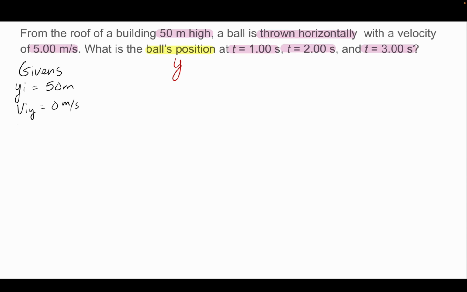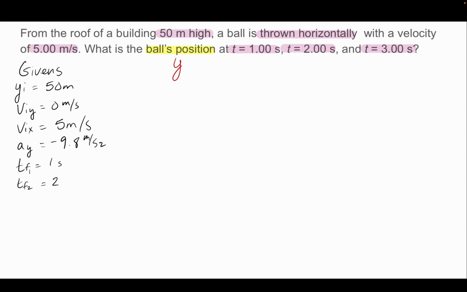I know that my VX is going to be 5 meters per second. I know my VFX too. I know my acceleration in the Y is going to be negative 9.8 meters per second squared. I know that my time, so we're going to break this down, we're going to go with TF equals 1 second. So that's TF1.